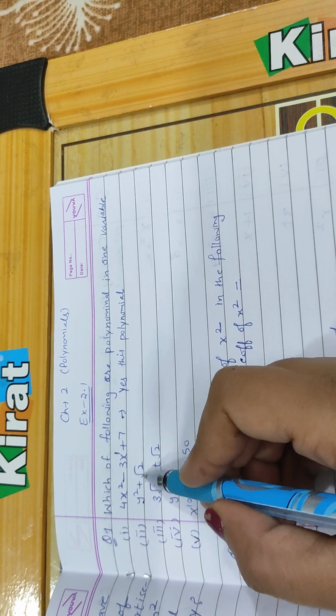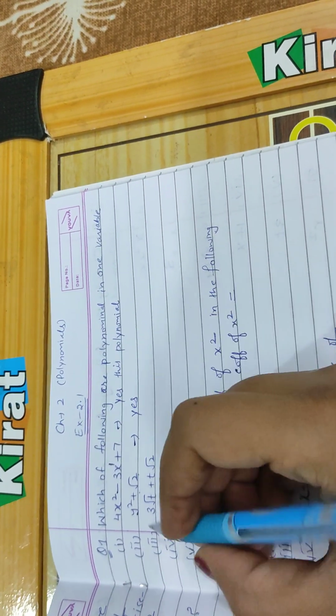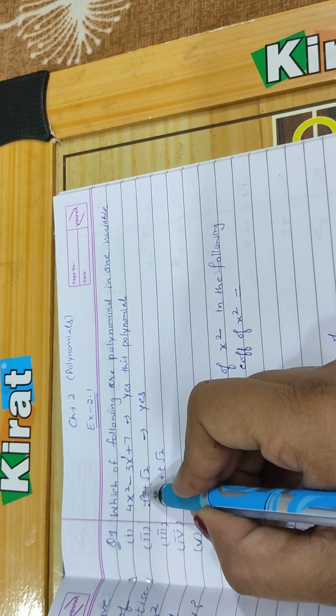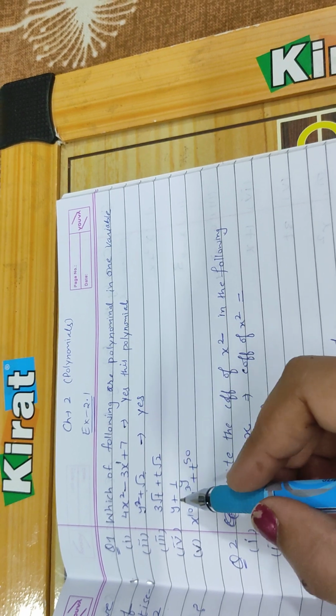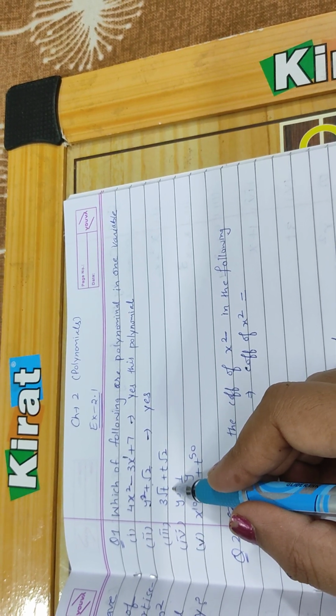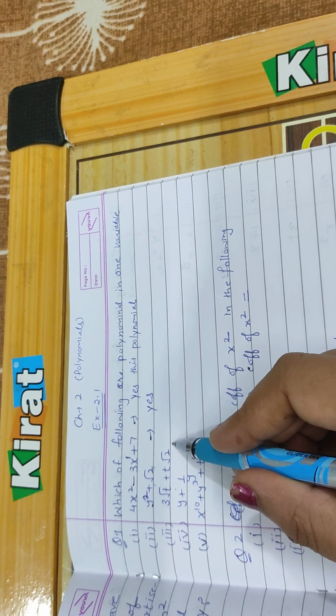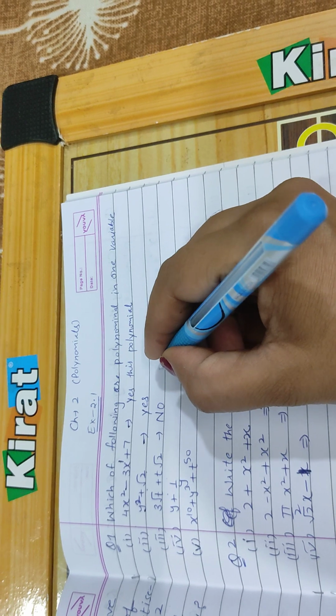Next, y square plus root 2. It is also a polynomial because its highest power is 2, and that is a whole number. Next, the third part: 3 root t plus t root 2. No, it is not a polynomial. Why?